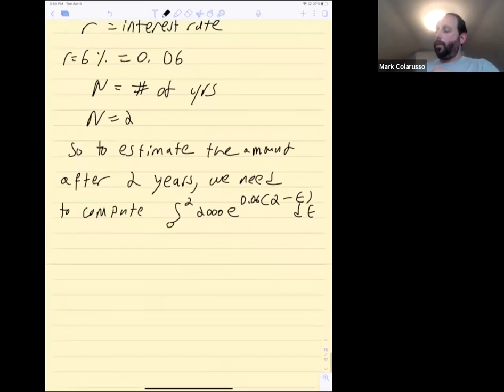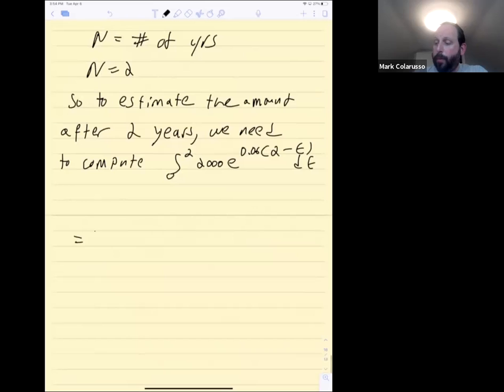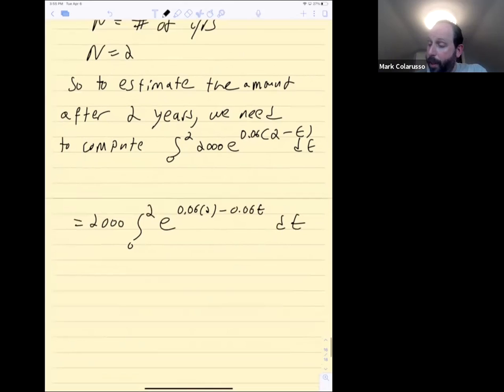Okay, so there it is. Now we want to use the new formula, so it's good to do a little simplification. So I can pull the 2,000 out of the integral. I can always do that. And then I get e to the 0.06 times (2 minus t) dt. You can simplify that a bit.